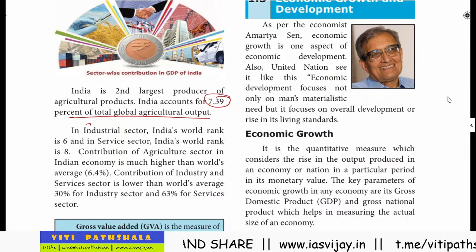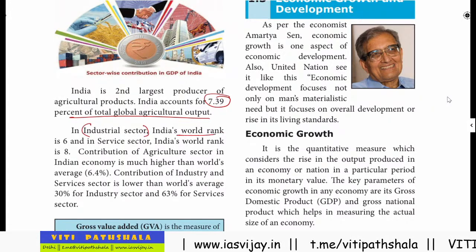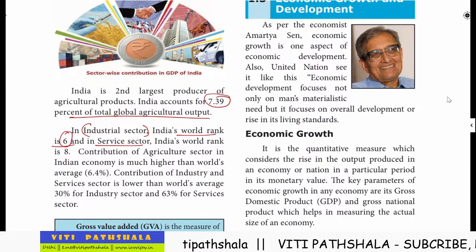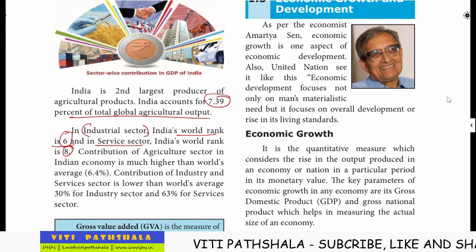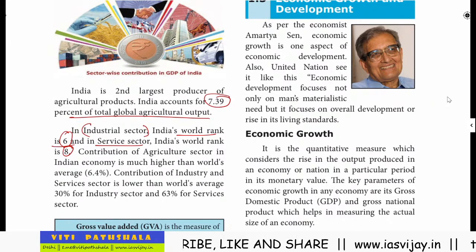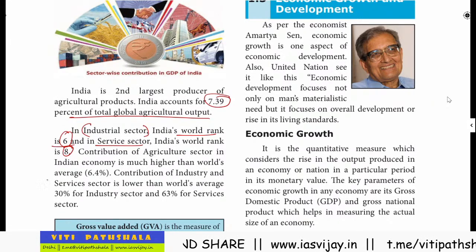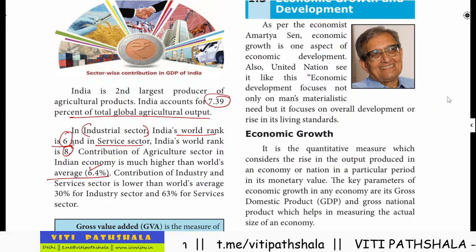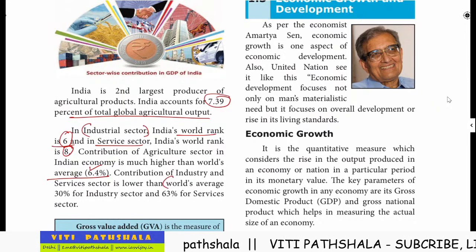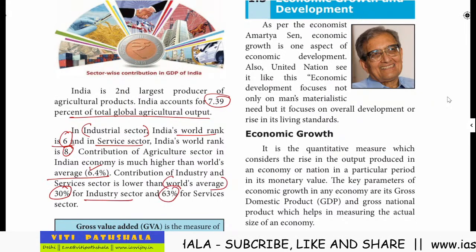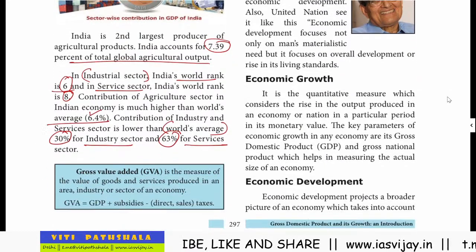In the industrial sector, India's world rank is 6, and in the service sector, it is 8. The contribution of the agriculture sector in the Indian economy is much higher than the world average, that is 6.4%. The contribution of industry and service sectors is lower than the world average, that is 30% for industry and 63% for the service sector.